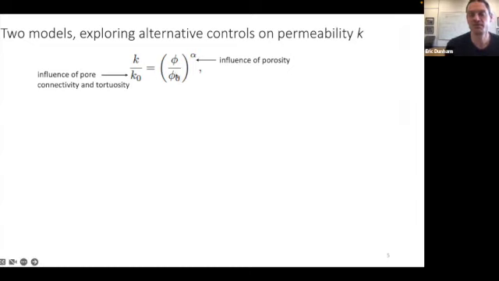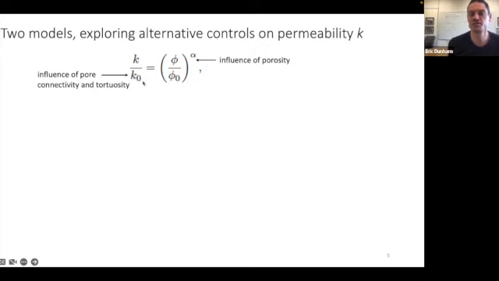Phi naught is just a reference porosity, but there's this parameter K naught, where even the same porous medium with the same porosity, you could imagine different ways to connect that pore structure. If you have super straight channels, you're going to have very high permeability. If you have very tortuous fluid paths, you're going to have a low permeability. And that all gets put into this K naught.